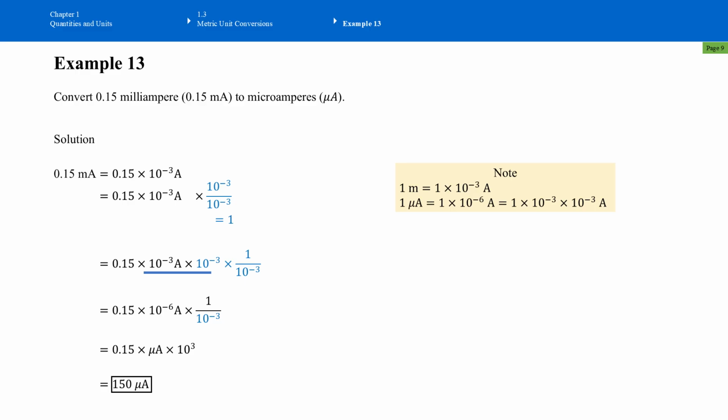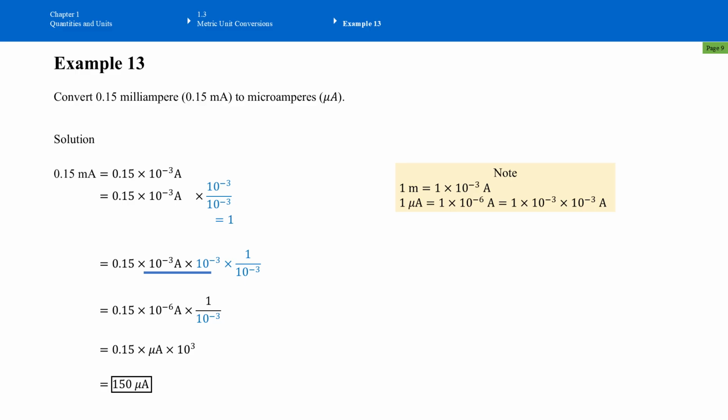So let's rearrange it. That's 0.15 times 10 to the minus 3 amps, you multiply by 10 to the minus 3, and then divide by 10 to the minus 3. In algebra, we know multiplying by 1 over 10 to the minus 3 means dividing by 10 to the minus 3.